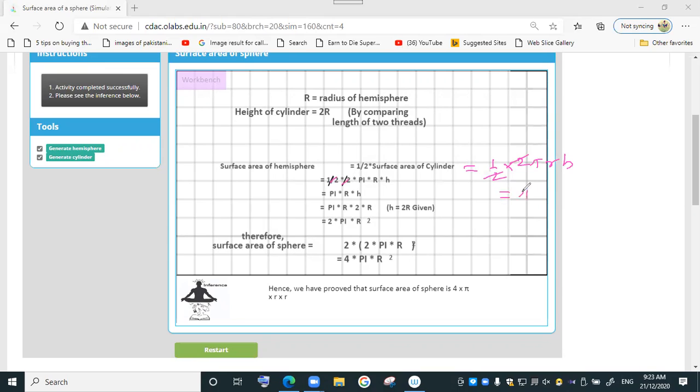So we get pi r h, and the height of the cylinder is equal to 2r. Therefore pi r into 2r.